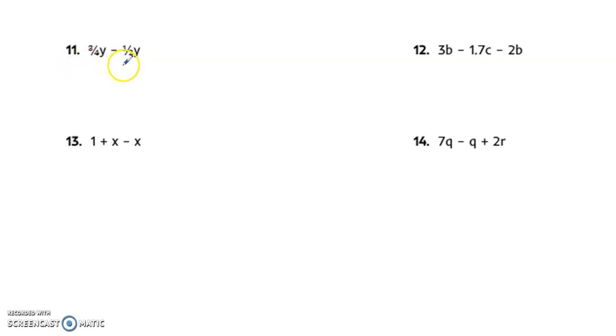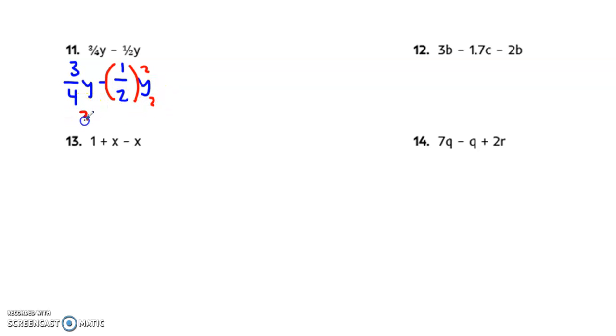3/4 y minus 1/2 y. So the first thing that we have to do here is we need to get a common denominator. So what we'll do is find the LCM of 2 and 4, which is 4. So in order to make this 4, we have to times this by 2 on the top and 2 on the bottom.